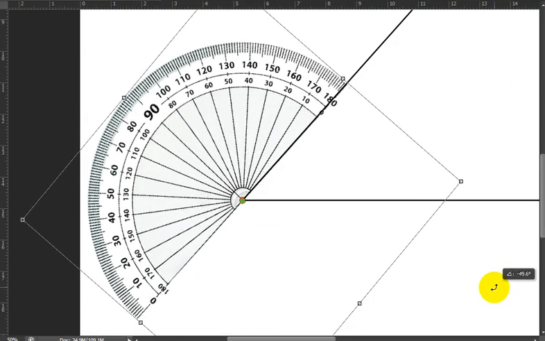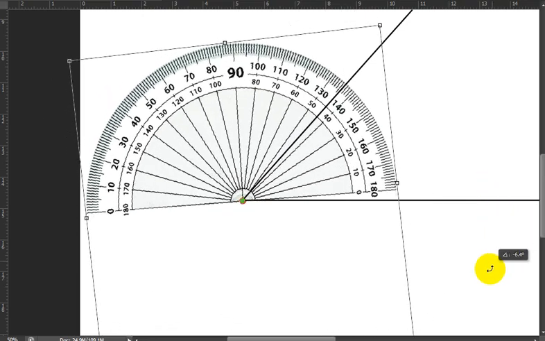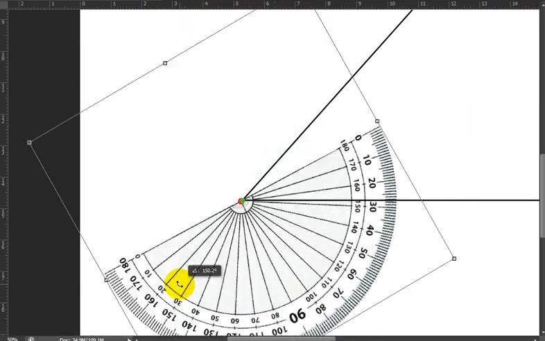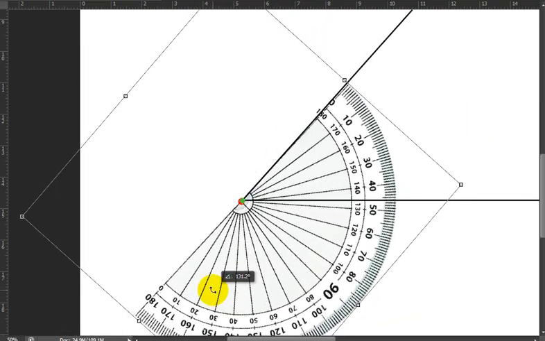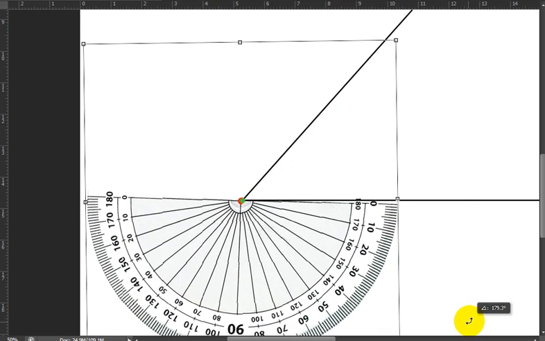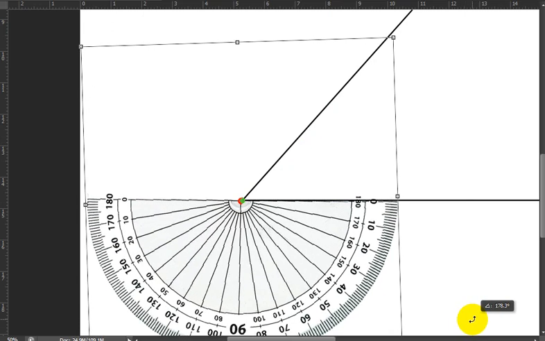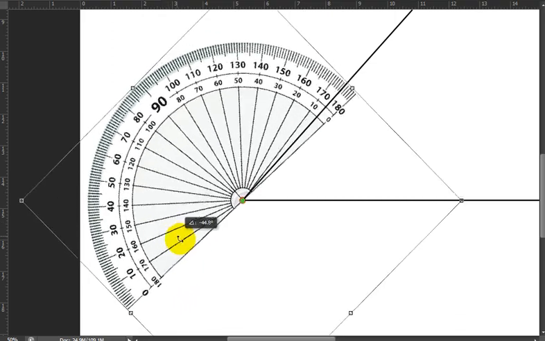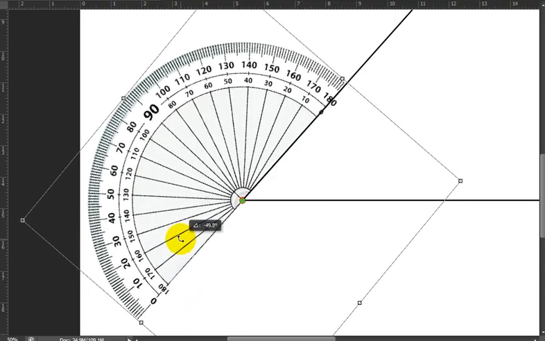So let's see, we could do here. We could do here, because this side is touching, right? We could do here. There we go, because that side is touching. And we could do here. But with this case and this case, there is a problem.